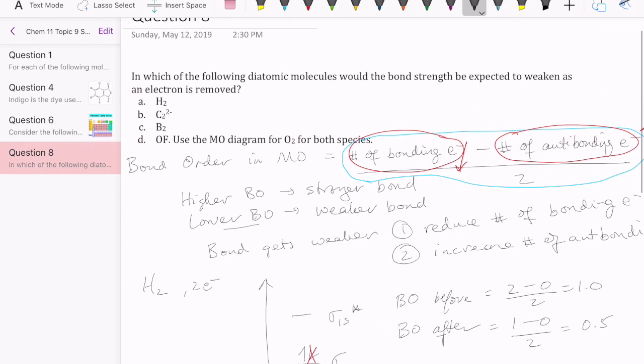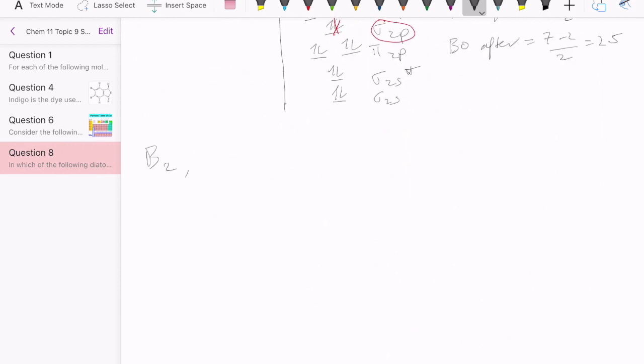Let's take a look at our third species, which is B2. This has 6 valence electrons. Boron is in the same group of energy diagram as carbon, so we can use the one that we just drew for carbon: sigma 2s, 2s star, pi 2p, sigma 2p, pi 2p star, and sigma 2p star. 6 electrons means 1, 2, 3, 4, 5, 6.